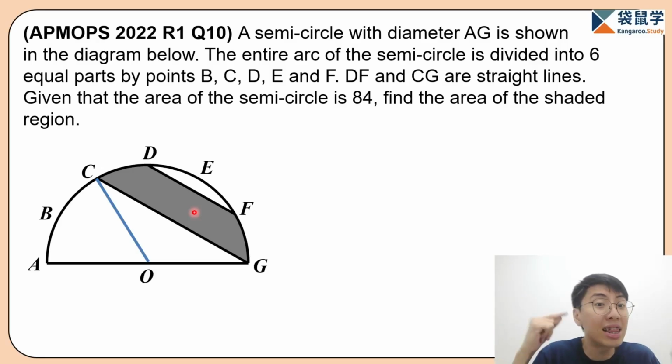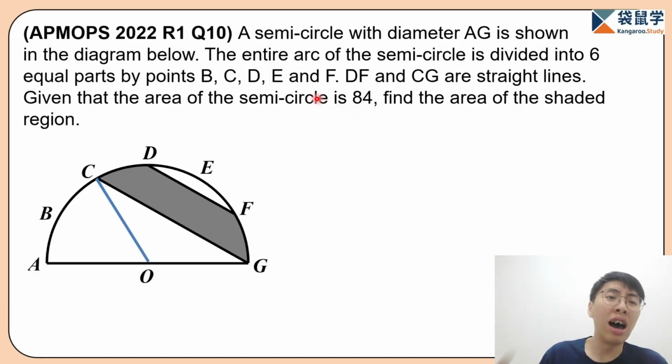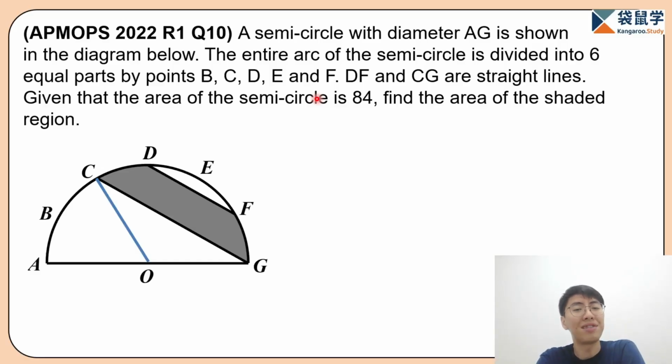Still, I know that the area of the semicircle is 84, but that's all I know. So how else can I try to solve this question? Maybe just cutting this into a sector is not very helpful. What else can I do?